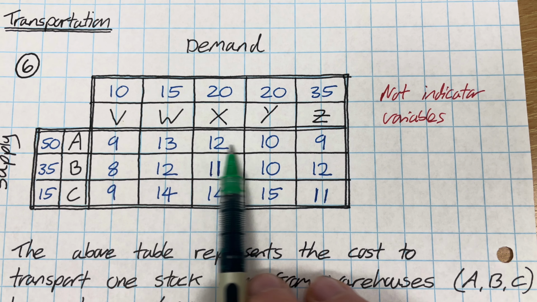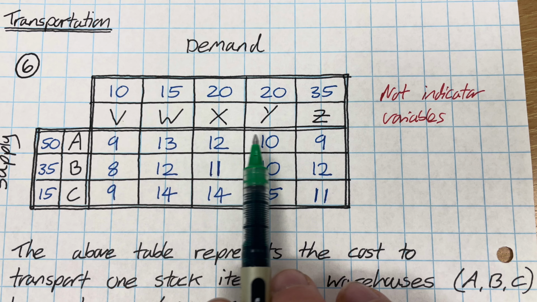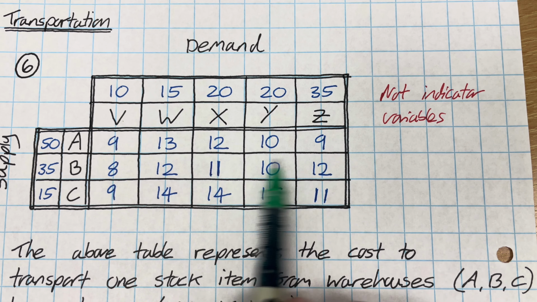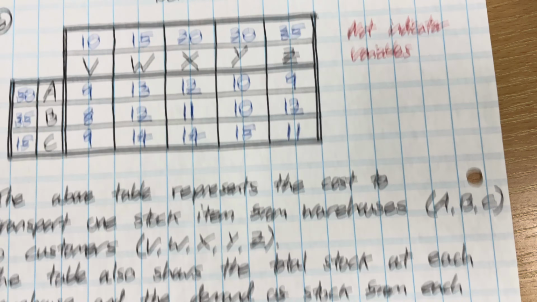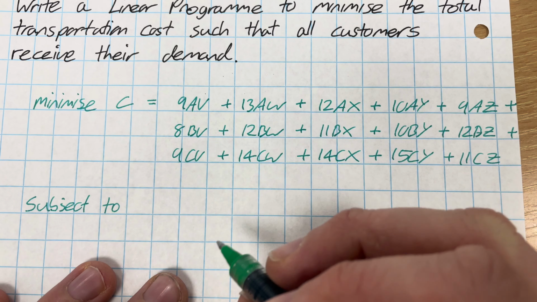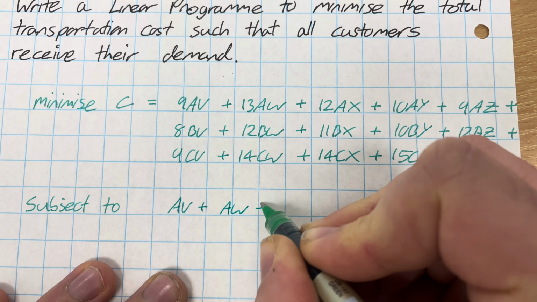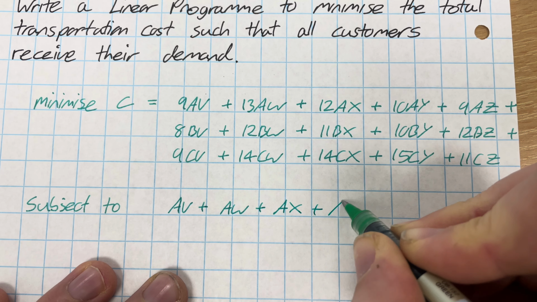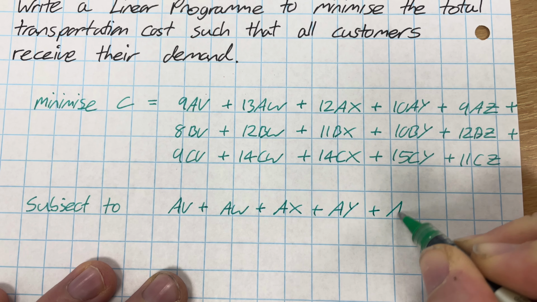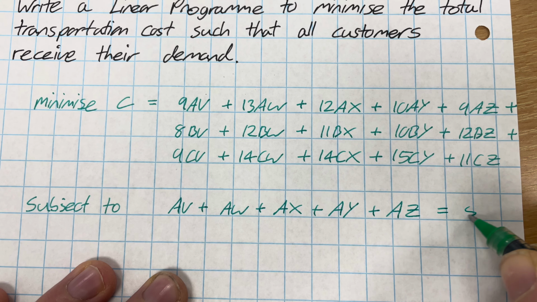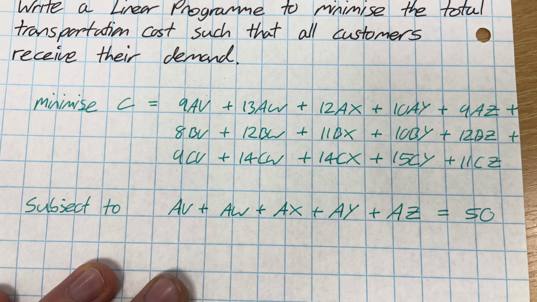So across these 5 variables, AV, AW, AX, AY, and AZ, they must sum to exactly 50. So to represent that as a constraint, I'm going to have AV plus AW plus AX plus AY plus AZ needs to equal 50, exactly. So that all 50 stock is distributed amongst these 5 shops.